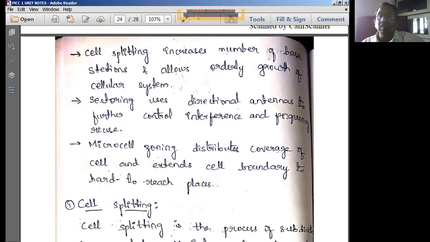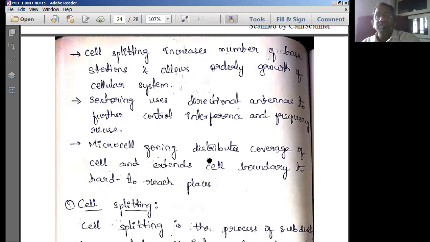Directional antennas radiate their EM waves only in a particular direction. So one way to control interference when you increase the number of cells is by using directional antennas to control interference and frequency reuse. This is simply known as sectoring. So by the process of sectoring, we achieve this.